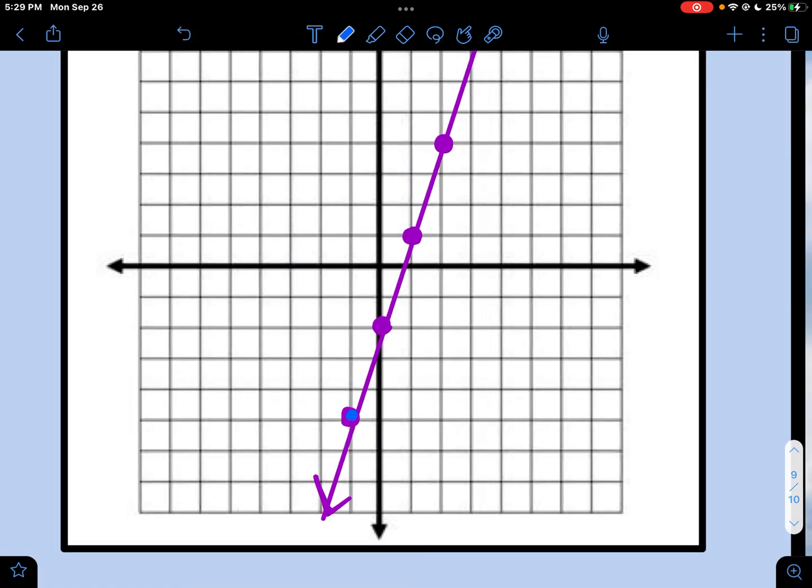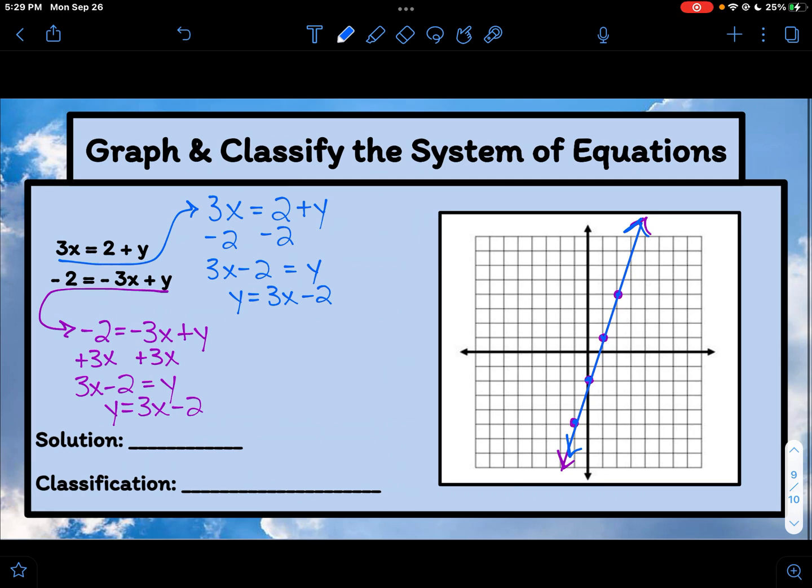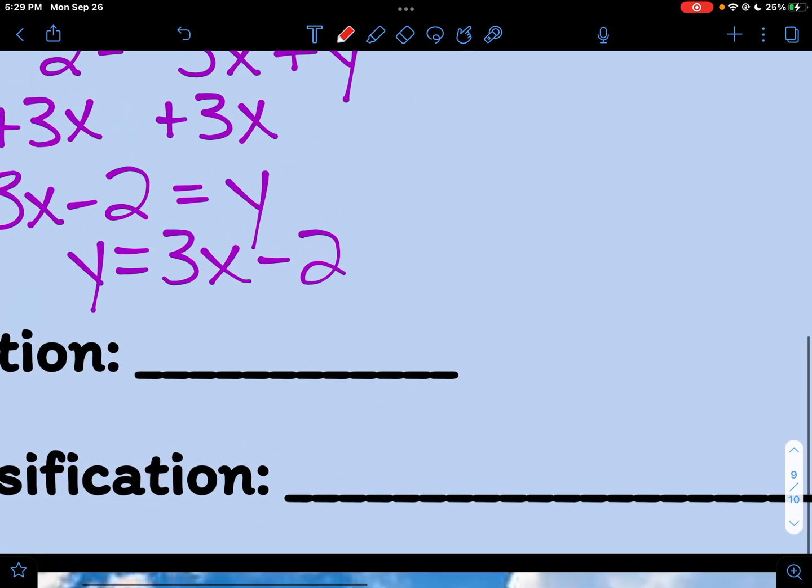I know it's the same thing. So there are infinitely many solutions.